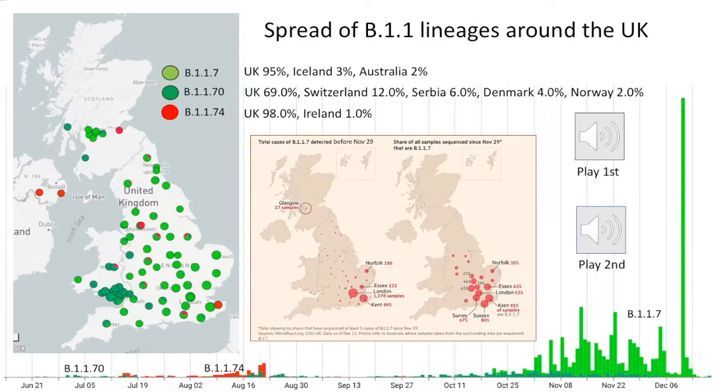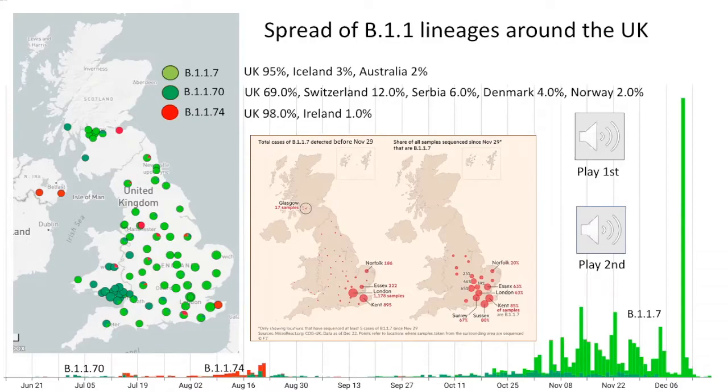And number three, is the new variant sensitive to current vaccines? At present, we can only answer the first question with some evidence, although the drug company Pfizer has said that the vaccine that they produce will actually countermand the new variant, will interact with the new variant.